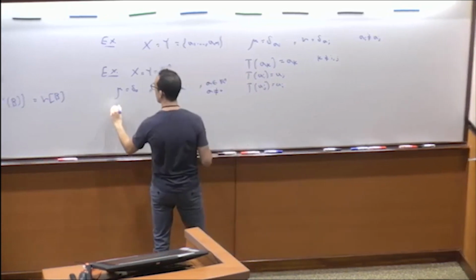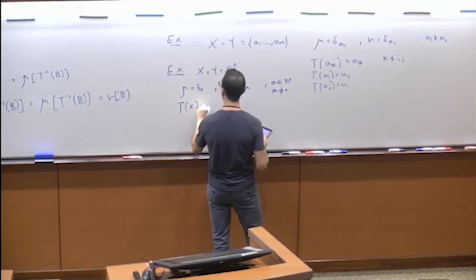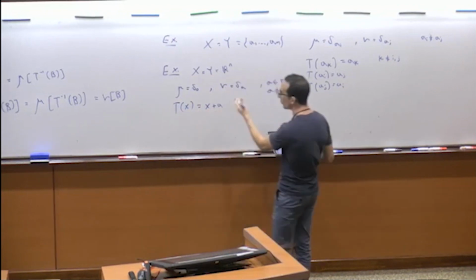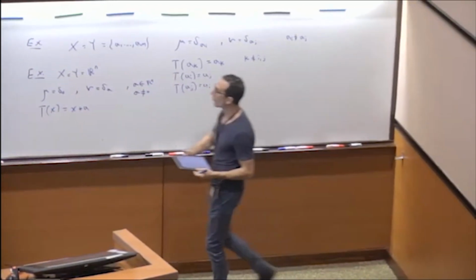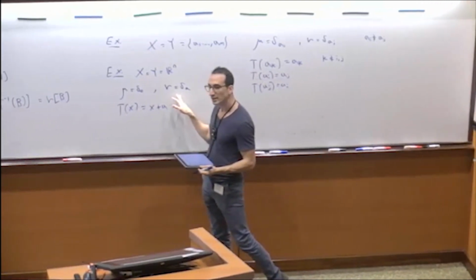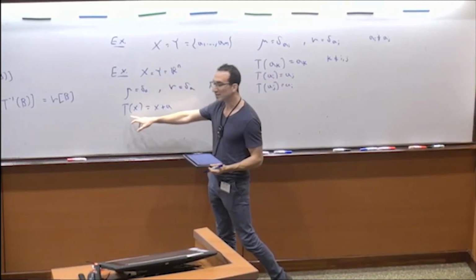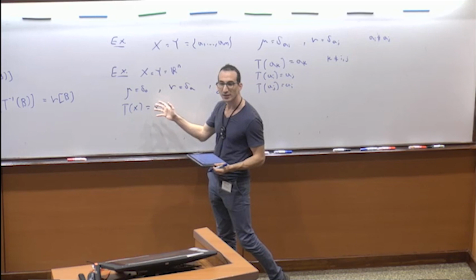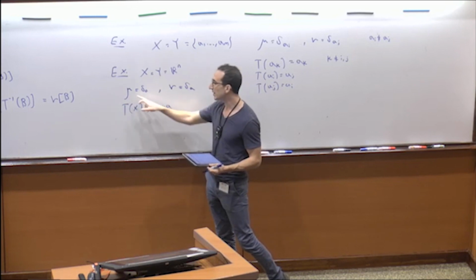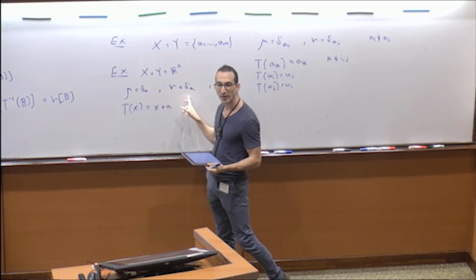So then we can just take T of x to be x plus a, and that would move mu to nu. So let me ask you, what other two distributions would be so that this map T would map one to the other? Here we show that this linear map takes one Dirac to another Dirac, but I claim that there are two other distributions which are less trivial than that, and where this would still happen.